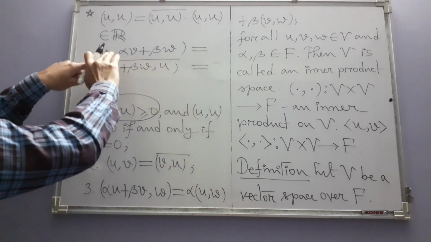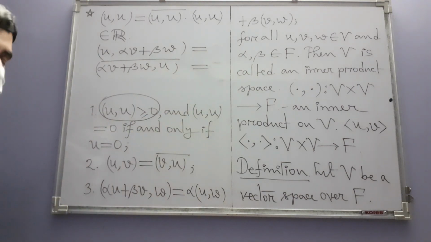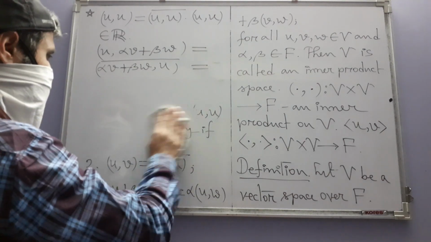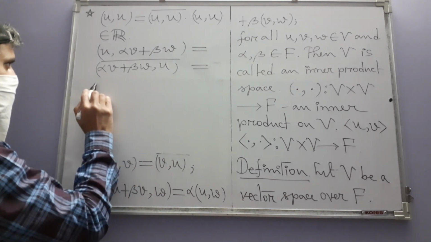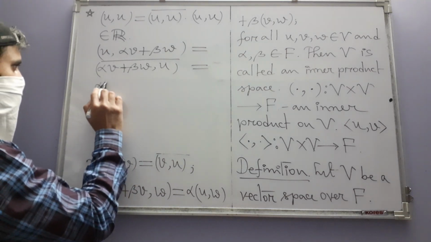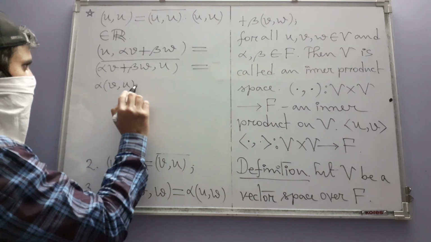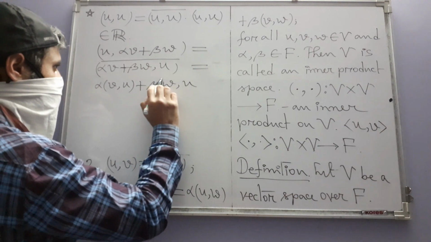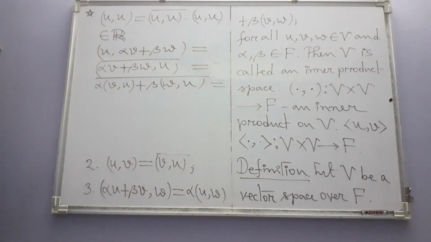Now here inside the complex conjugate bar, under that we can use property 3. So if we use that, then we are going to get alpha times v comma u plus beta times w comma u, and the bar of course is there.